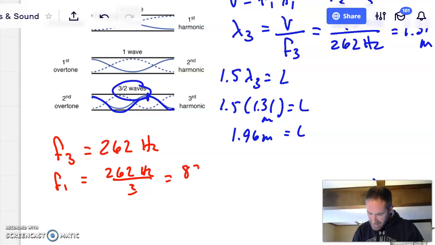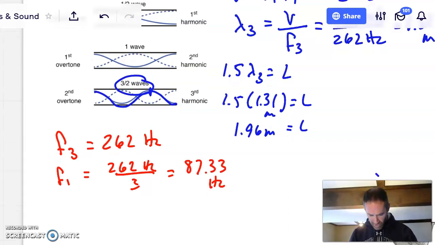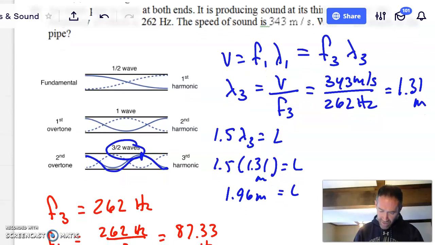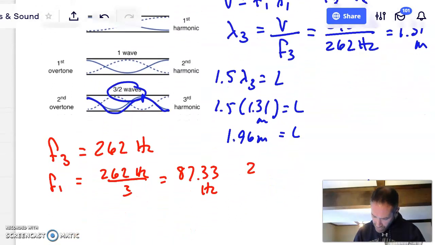And they would have done that as 87.33 hertz. Now they're going to look at that top picture and they're going to say, all right, in that top picture, which coincides with that 87.33 hertz, I see half of a wave in that length, or 2 times the length is equal to that fundamental wavelength.